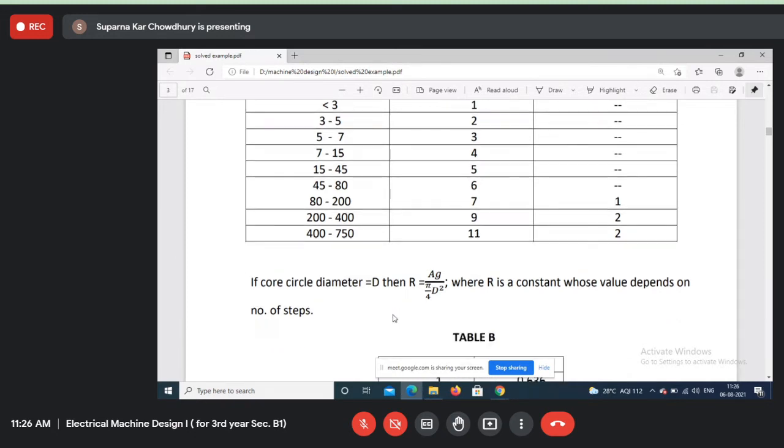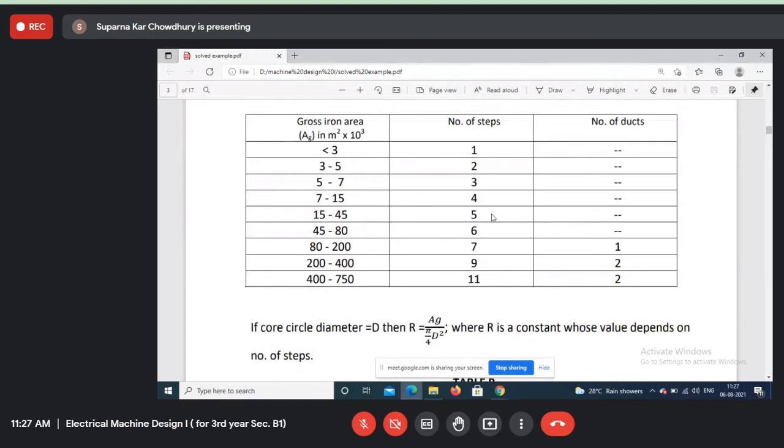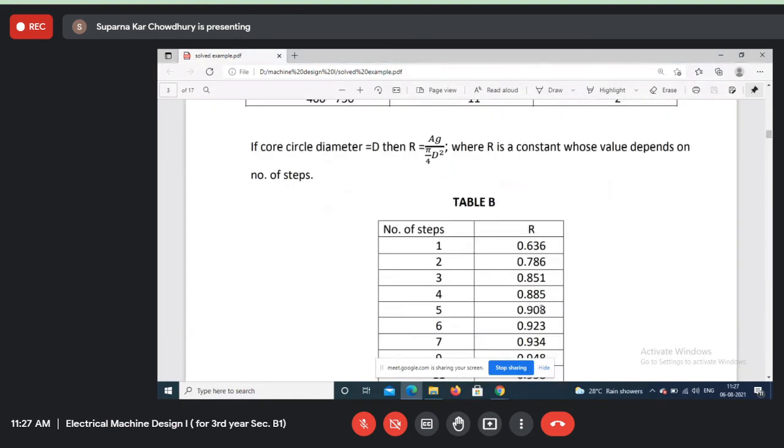Now, if we assume that the core circle diameter is D, the circular area is pi by 4 D square, and A_g is the gross iron area. The ratio of gross iron area to the circular area is R, where R is a constant whose value depends on the number of steps. These are the values of R. Once you choose the number of steps, say 5, then your R is 0.908.